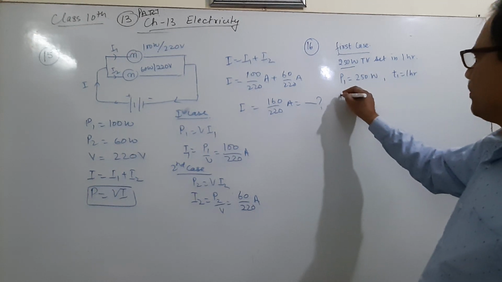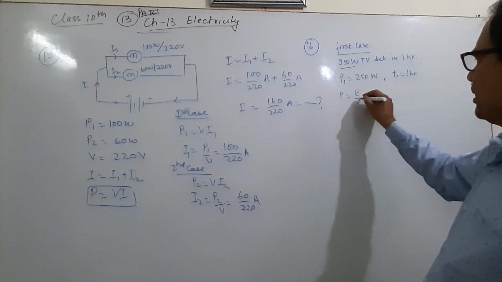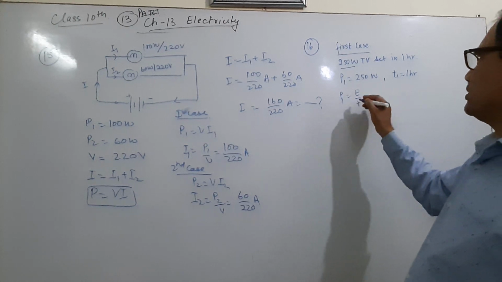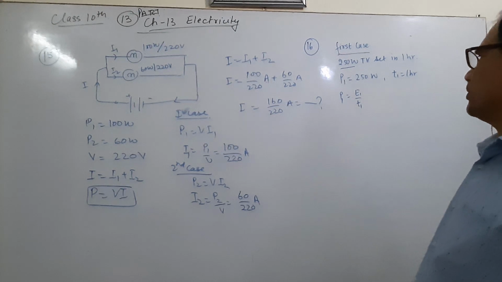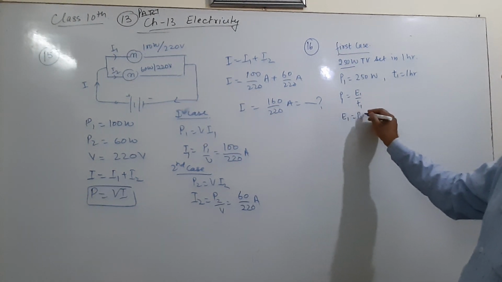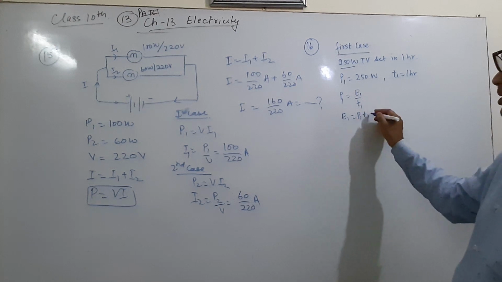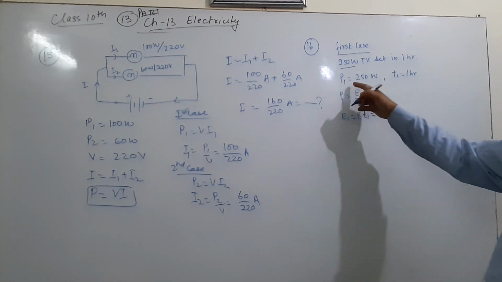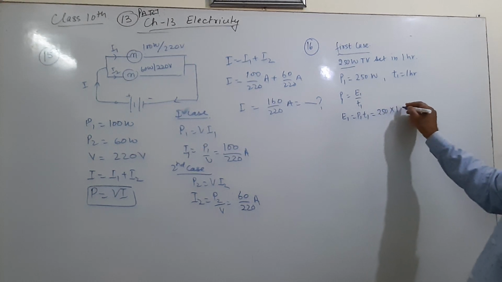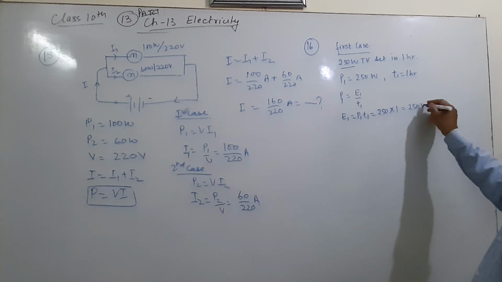We know power is equal to energy upon time, cross multiply. Then we can say P1 is equal to E1 upon T1, cross multiply. Then E1 is equal to P1 into T1. What is P1? 250 into 1 hour is equal to 250 watt hour.